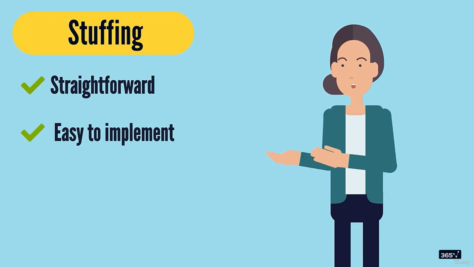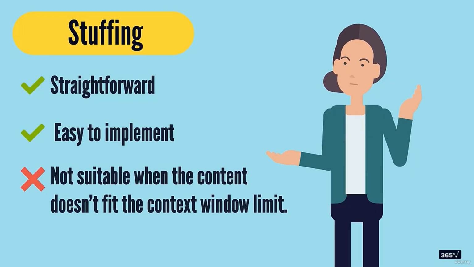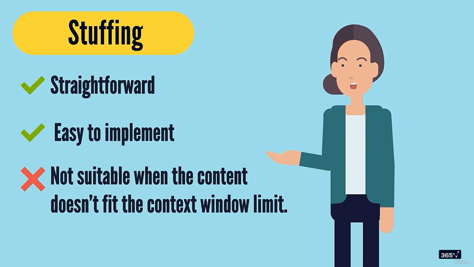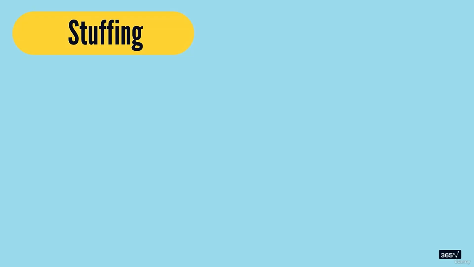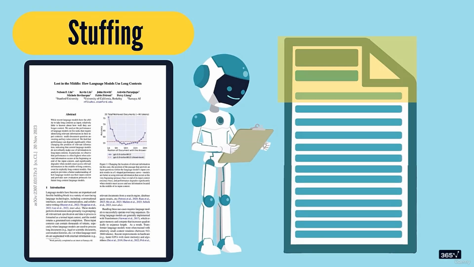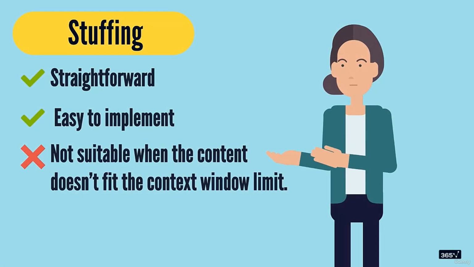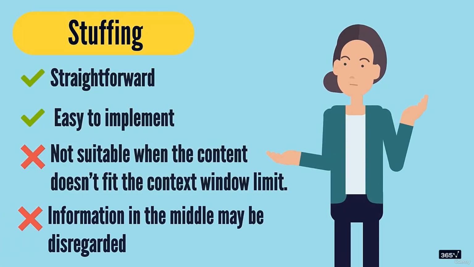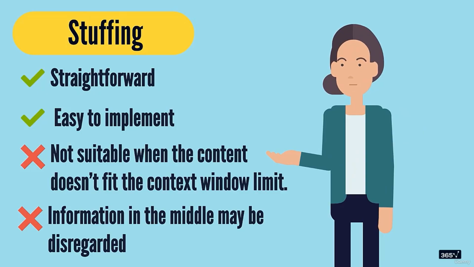But it wouldn't be a suitable choice when, for example, the number of documents or their content is so extensive that it doesn't fit the context window limit of the model. As an additional drawback, research shows that models primarily use information at the beginning or end of a document list. Therefore, information in the middle of the retrieved list may be disregarded by the model, regardless of its importance.